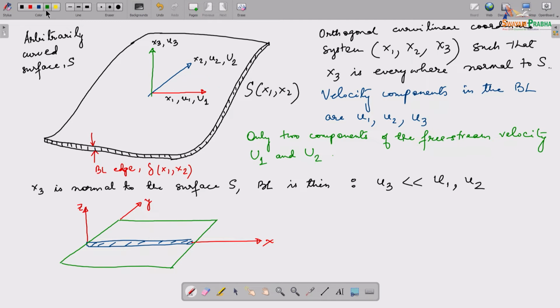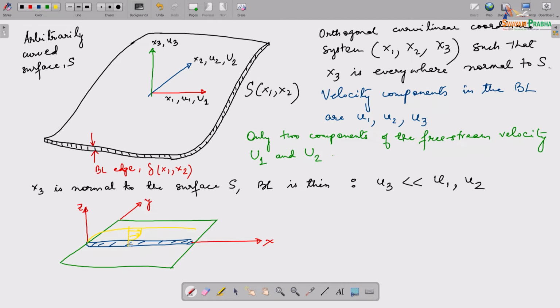The kind of profiles that we've seen earlier were something like this. We used to say this is u, and we would take the velocity there to be 0. So what we are saying now is that exactly the same applies here.